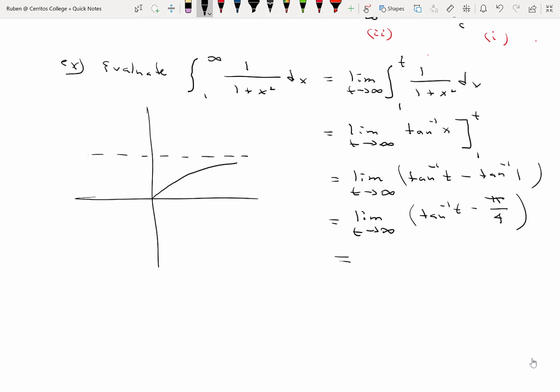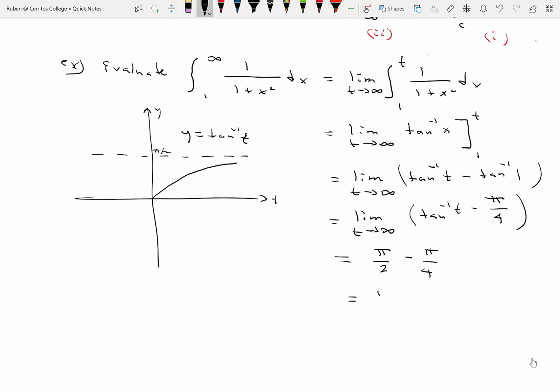The horizontal asymptote is pi over 2. So this is what the inverse tangent function looks like, at least to the right of the y-axis. So the limit is pi over 2, the horizontal asymptote, minus pi over 4.